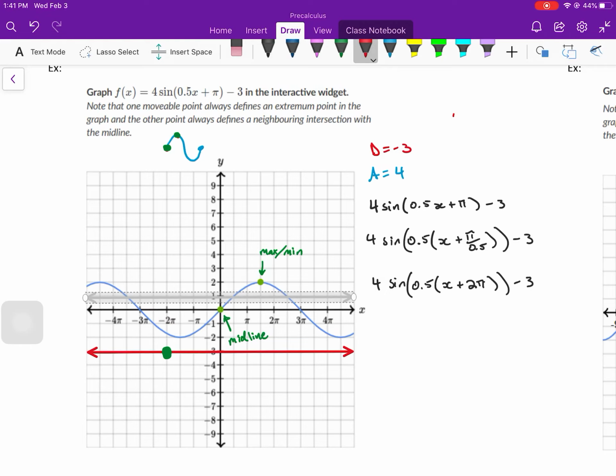So the period is 2 pi over b, and in this case b is 0.5, which divided by a half, it's going to be 8 pi.